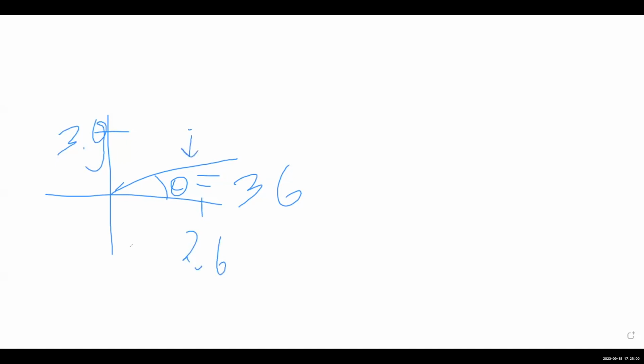The velocity is 22 for B, and for A, the velocity v_A equals 38. Okay, so let's replace these numbers up here then.